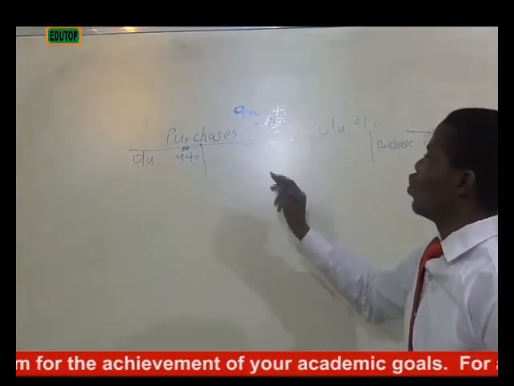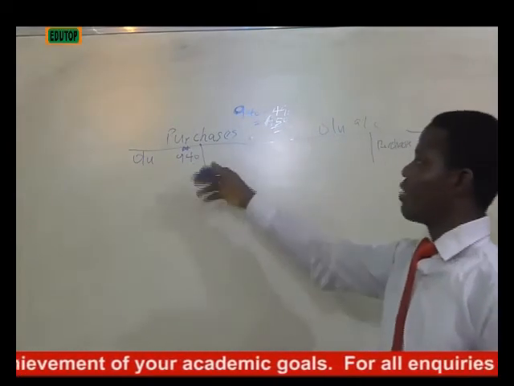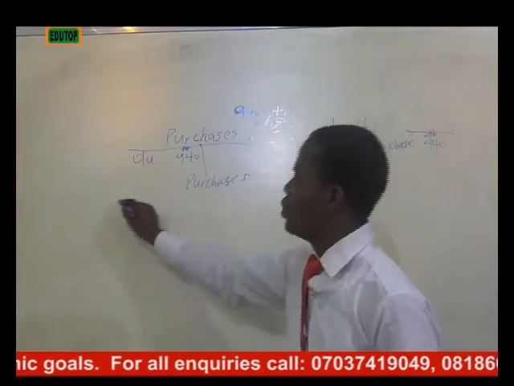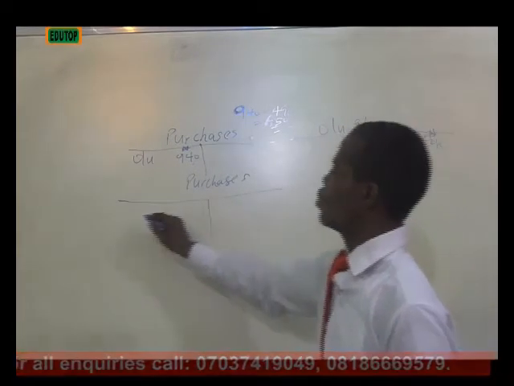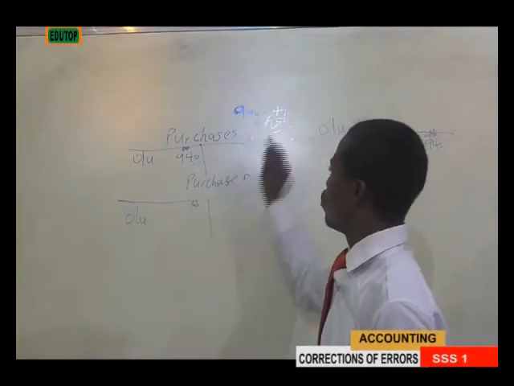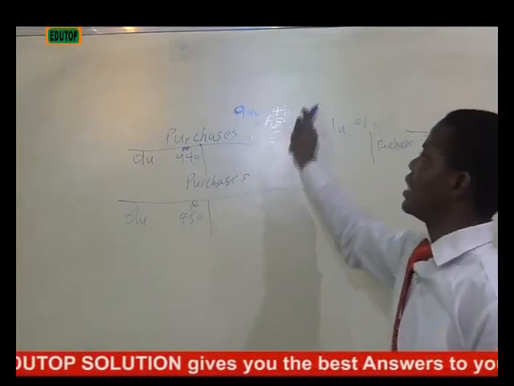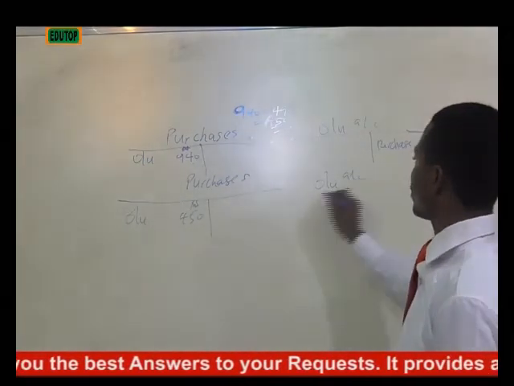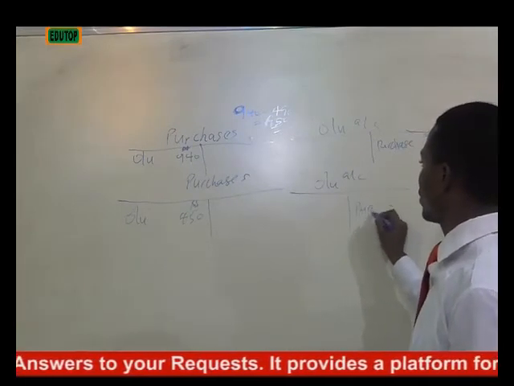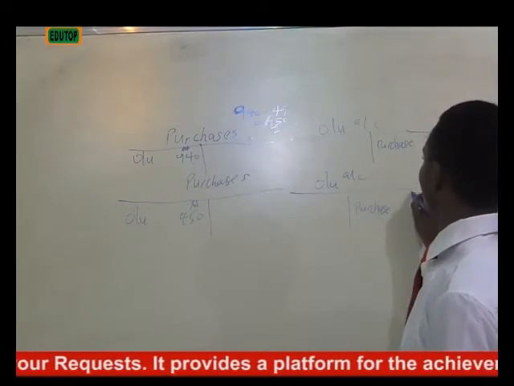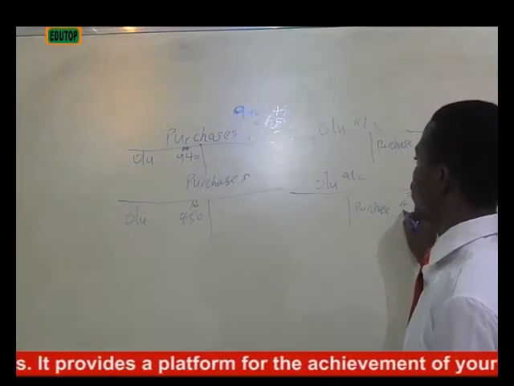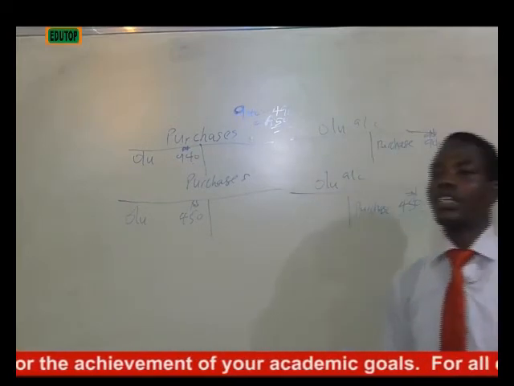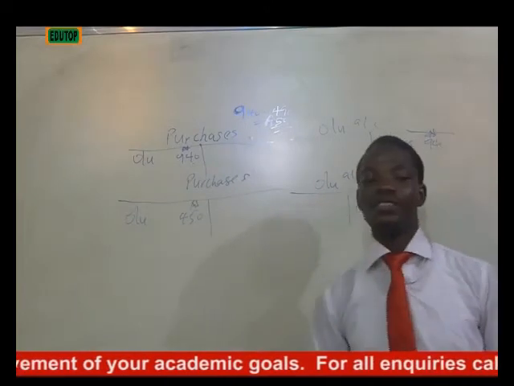Then you return it back. Instead of 940, it should be 490. So you write Olu 450, which means you return that 450 back into your account. Then you write Olu's account, purchases, 450 as well. That's how we correct error of original entry.